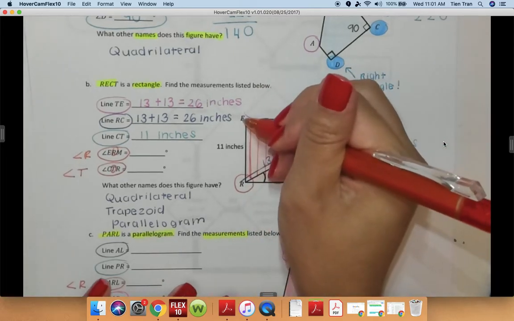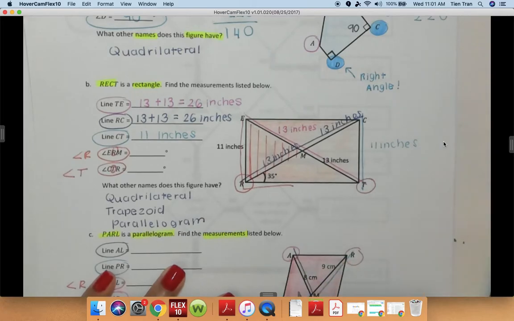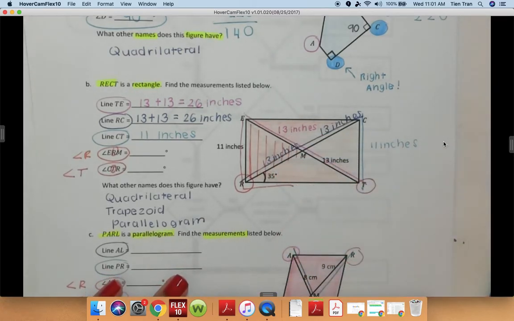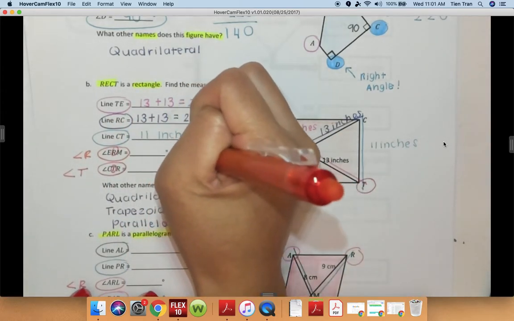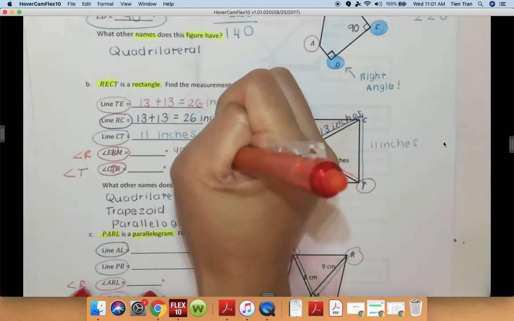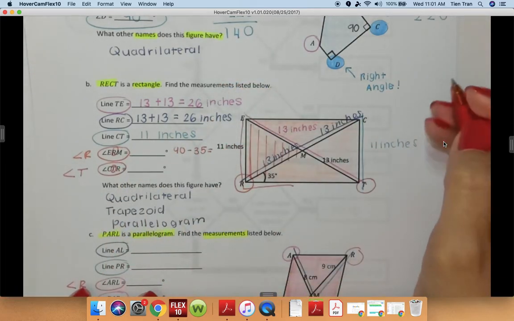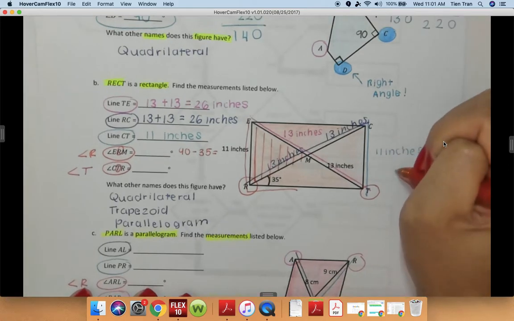So this right here is a right angle, right? We see a right angle right there. So you're subtracting from 90. So 90 minus 35 is going to give me my angle ERM. I'm writing it right there so you know where I'm getting these numbers from. So now I'm going to subtract 90 minus 35.